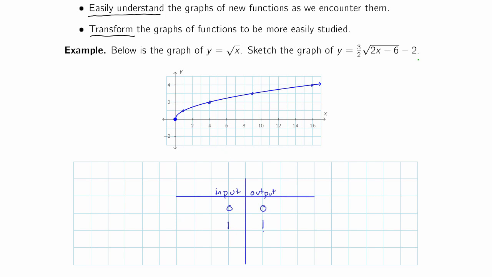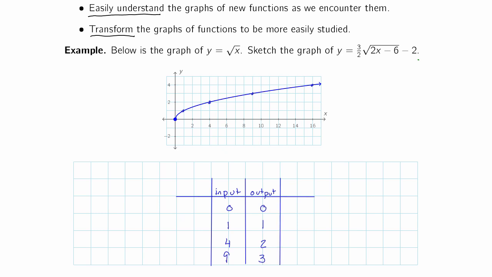Input 1 gives me output 1. Input 4 gives me output 2. And then we have this point where we have input 9 and output 3. Okay, so there we have some key points on our graph. I'm going to just go ahead and ignore that last one. I think we'll have enough.